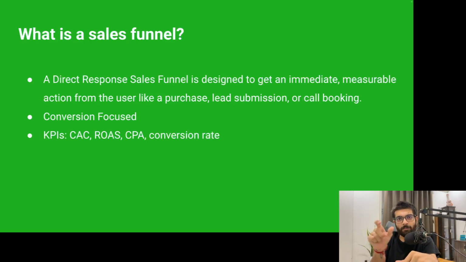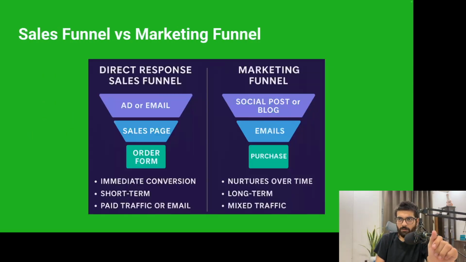There can be multiple stages. For example, if it is a webinar funnel, then show up rate on webinar, people who purchased after the webinar pitch. So these are the things that are a part of sales funnel in the example of webinar, right? So as I mentioned, these two are different kinds of funnels, so there is no overlap over here.